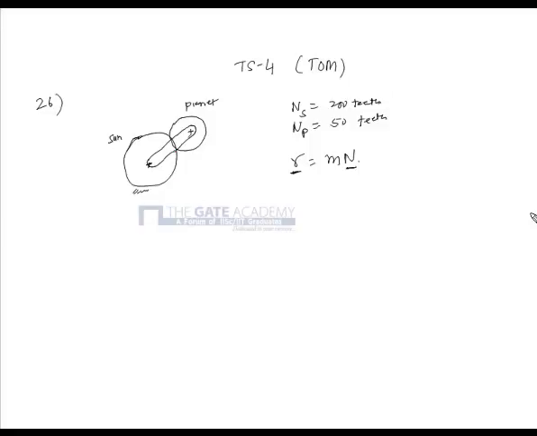Now what is asked is the number of turns made by the smaller gear for one revolution of the arm about the center of the bigger gear.